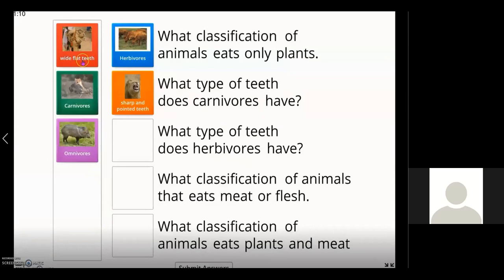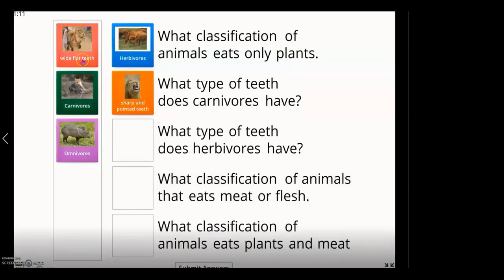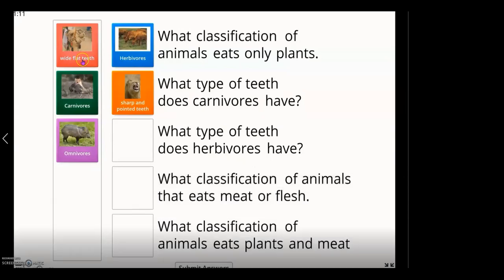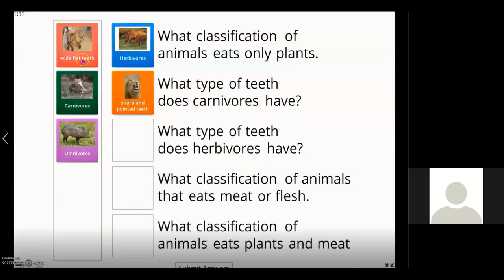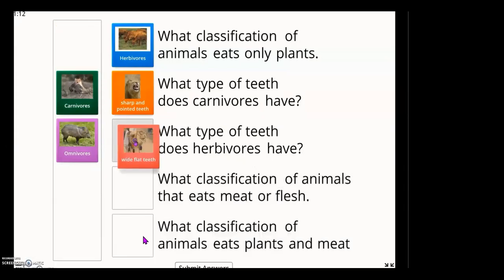How about Chinatip? What type of teeth do herbivores have? Anyone can answer? Wide, flat teeth. Okay, let's try wide flat teeth.